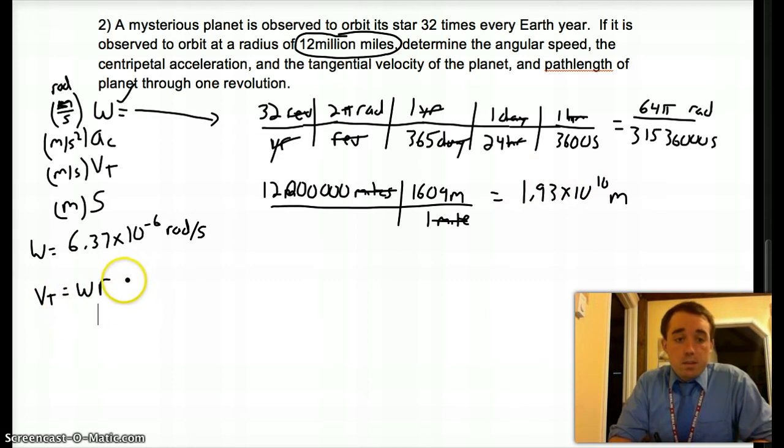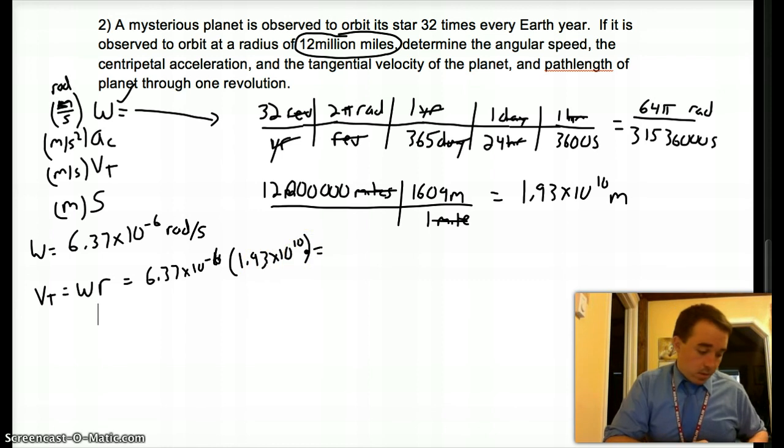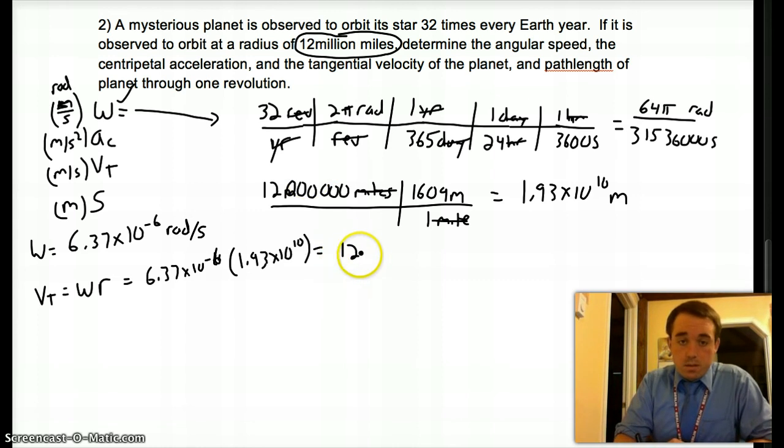So to find VT, it's just as simple as plugging in my 6.37 times 10 to the negative 6th, times my radius, 1.93 times 10 to the 10th, got to be in the right units, which is a big number, 122,991.96 meters per second.